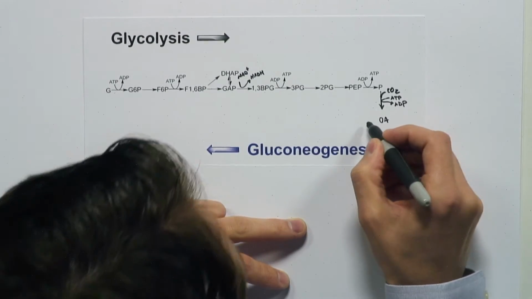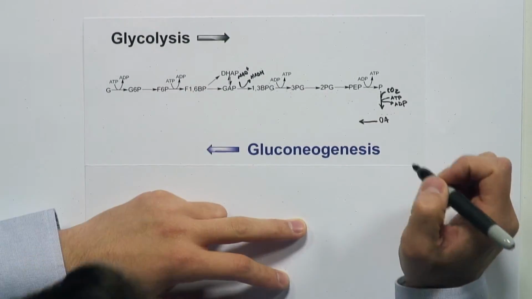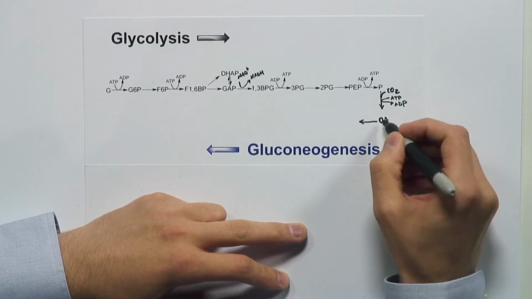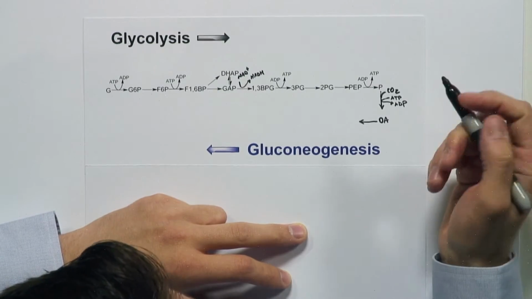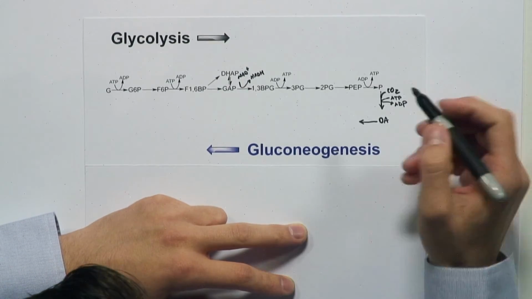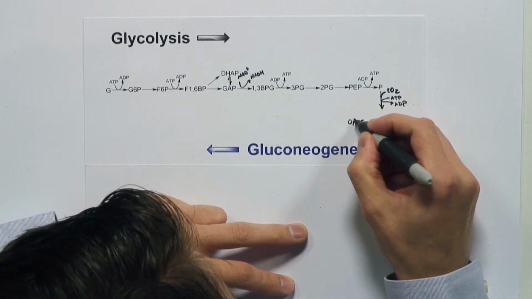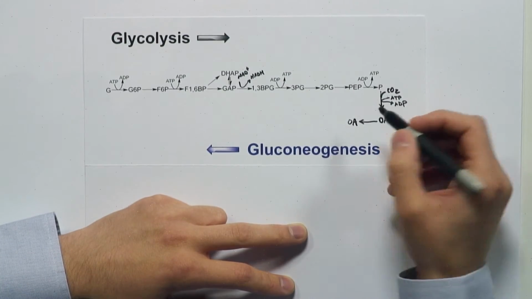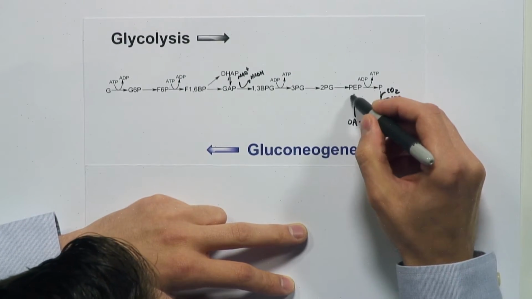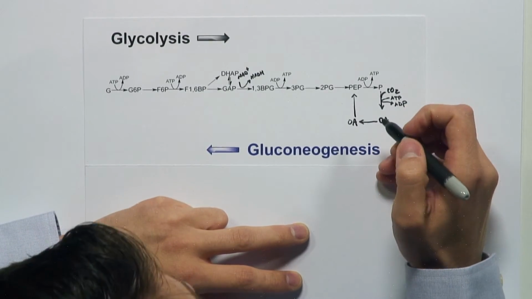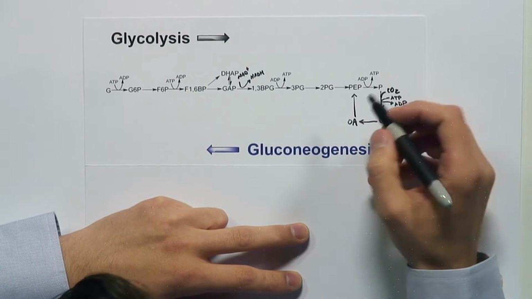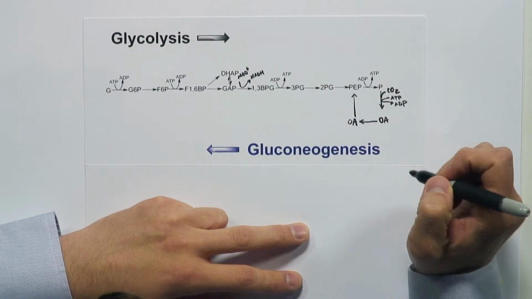Now, oxaloacetate can be processed inside the mitochondria, or it can be taken out of the mitochondria into the cytosol, and let's say that's the course of the reaction, where it's going to find an enzyme called PEP carboxykinase, or PEPCK, that can take oxaloacetate to PEP.